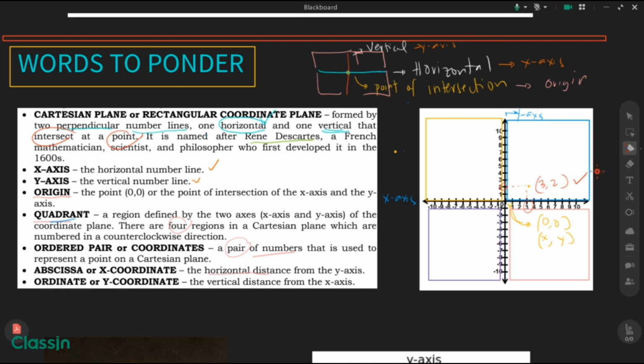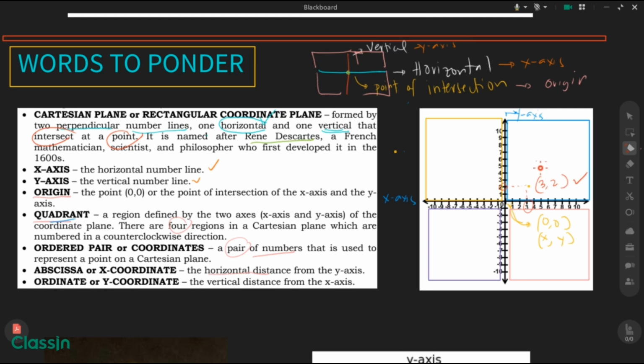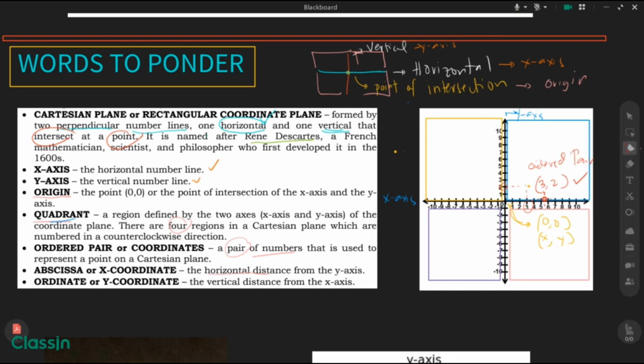So this will be the ordered pair. Again, this is called ordered pair or coordinates. So this is your abscissa or your x, and this is your ordinate or y. Okay.